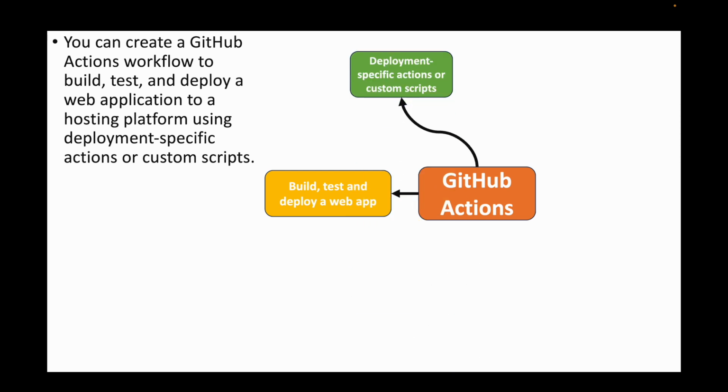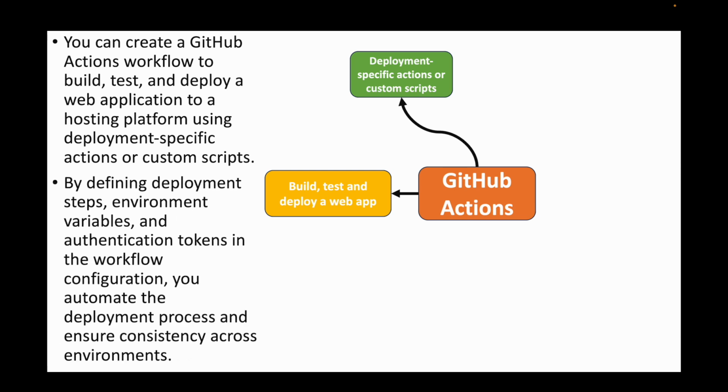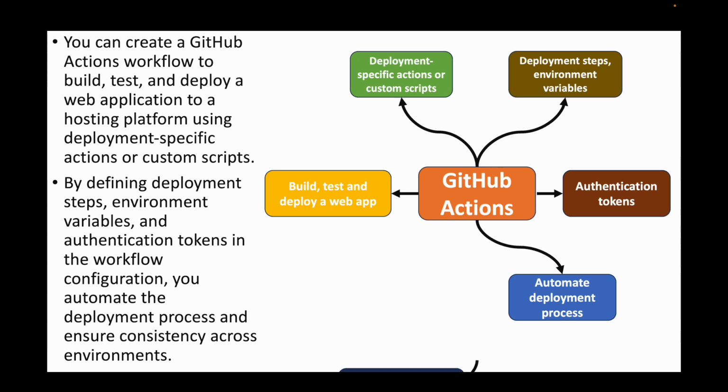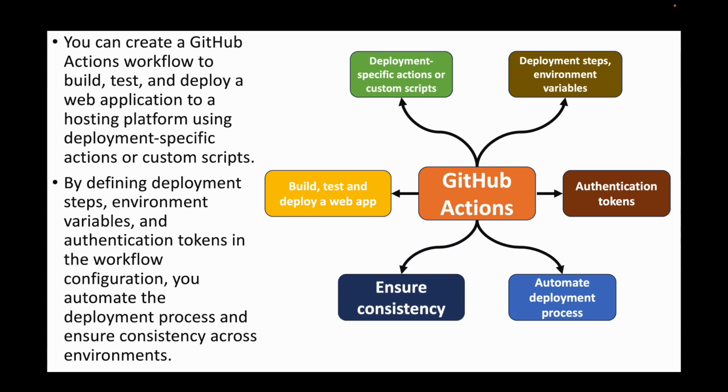So for this, we will be using deployment specific actions, or we can write any custom scripts which will do the deployment for us. Now, by defining these deployment steps and the environment variables and also the necessary authentication tokens within the configuration of your workflow, you can automate the deployment process, and that way you can ensure you have consistency across the environment.